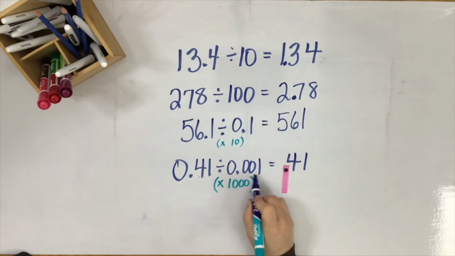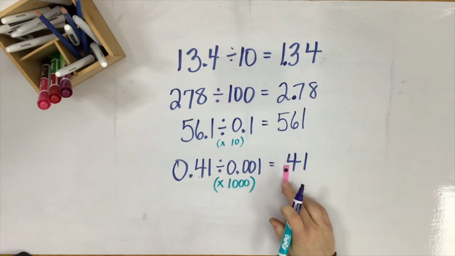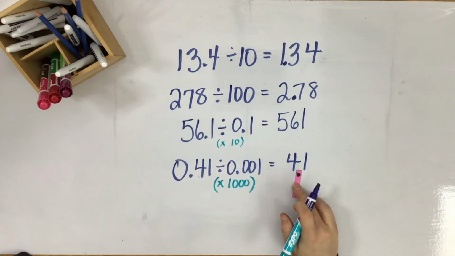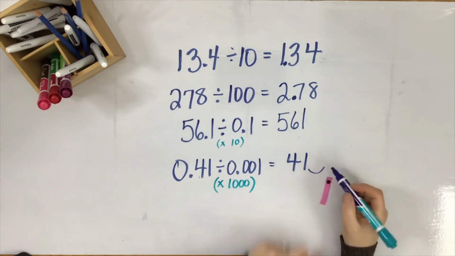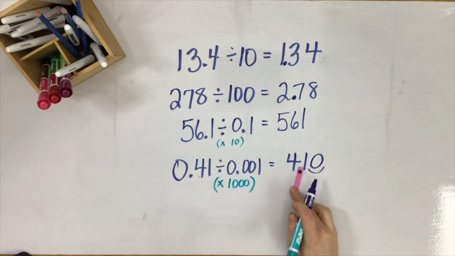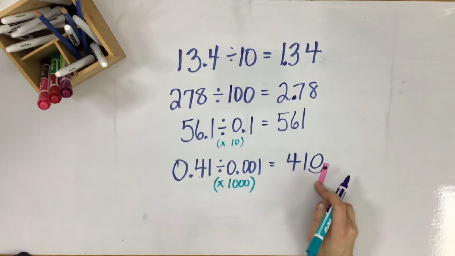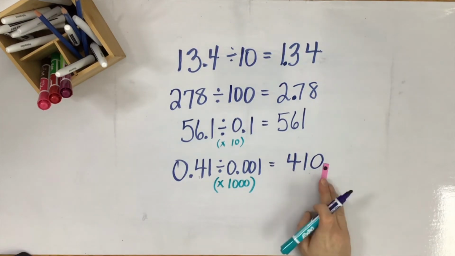Dividing by 1,000th, or times 1,000, moves your decimal 3 times to the right. So that third jump here creates an open space. So 1, 2, 3. My decimal lives here, creates a whole number, so I don't need to keep that. 410.